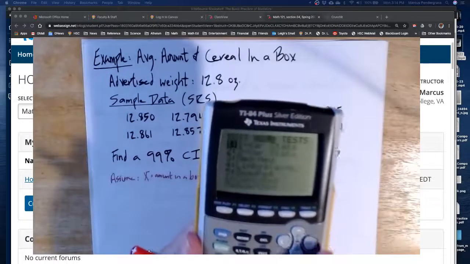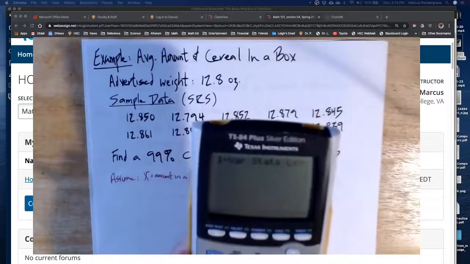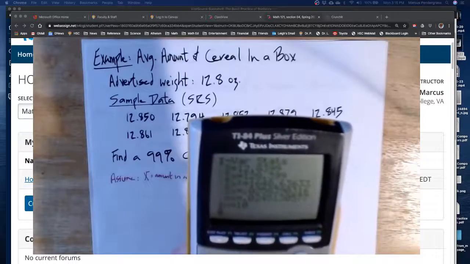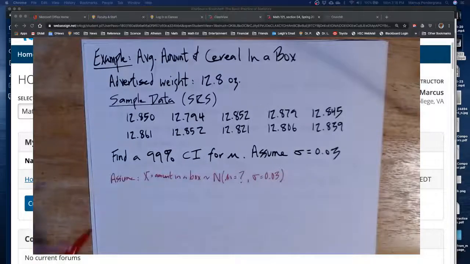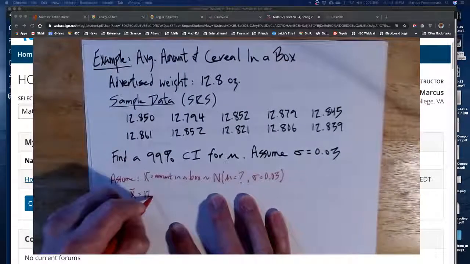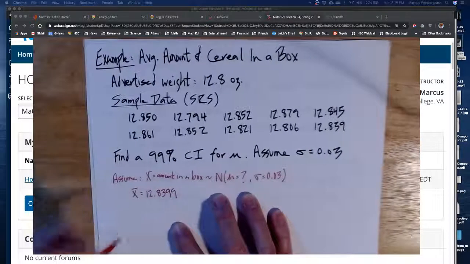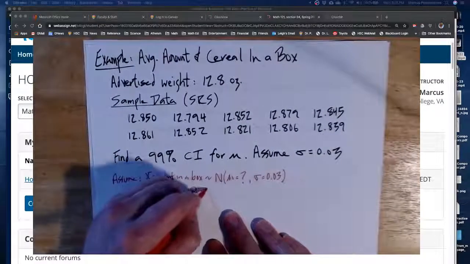So stat, calc, one variable stats. Mine was in list 1, so I do that, and I find that x bar is 12.8399. So that's the first step.